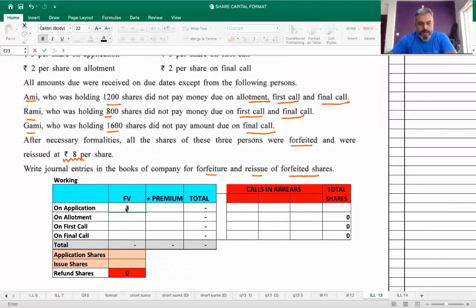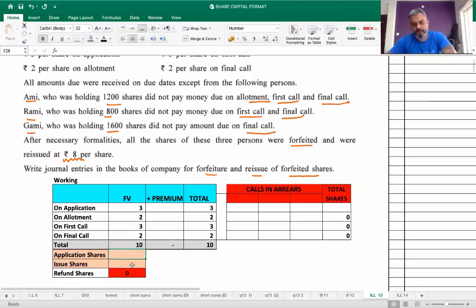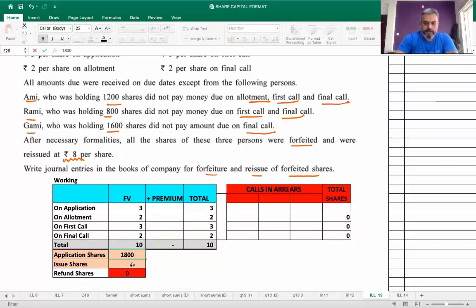3 on application, 2 on allotment, 3 on first call, 2 on final call. Then, no premium over here, total is 10, application shares and issue shares 18 lakh.